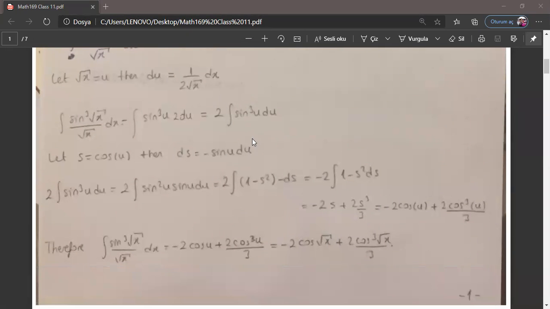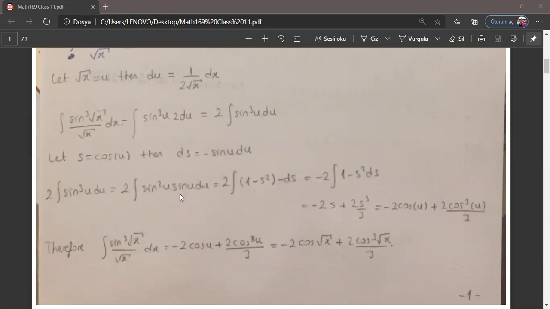Now we will again substitute s equals cosine u. So we differentiate and get ds equals minus sine u du. Now we rewrite this integral in terms of s and ds. We rewrite sine squared times sine, which equals sine cube.